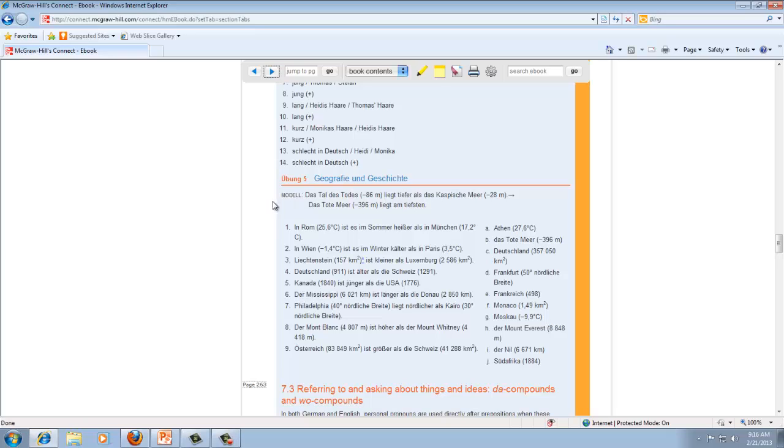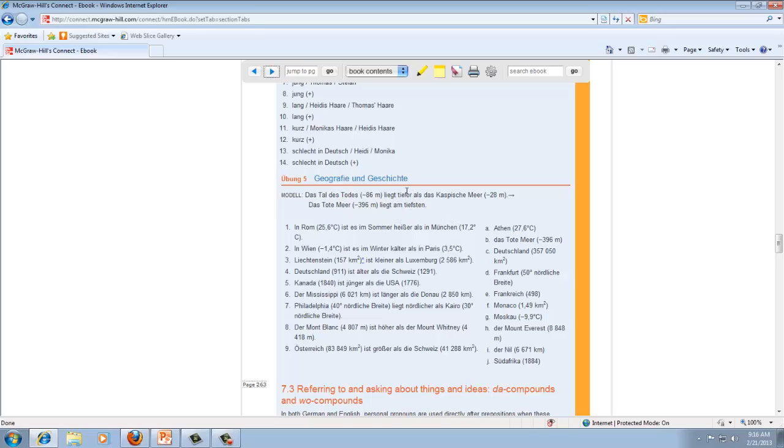So it gives that scenario, and then on the right here, you need to find something that exceeds that, or the superlative of that. So Death Valley, 86 meters below sea level. Caspian Sea, 28 meters below sea level. Well, the Dead Sea, das Tote Meer, liegt am tiefsten.